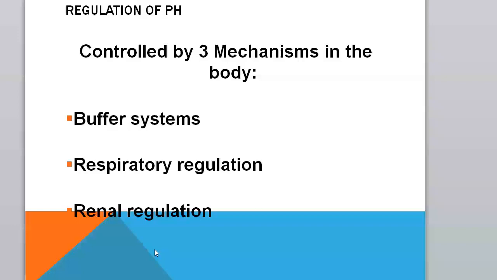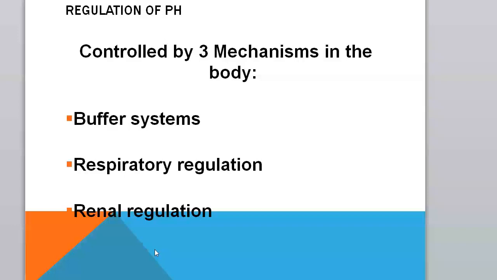And if the body fluids become too alkaline or too basic, they'll release hydrogen ions to help decrease that pH. These buffers act within a fraction of a second, but their capacity to maintain pH is very limited.